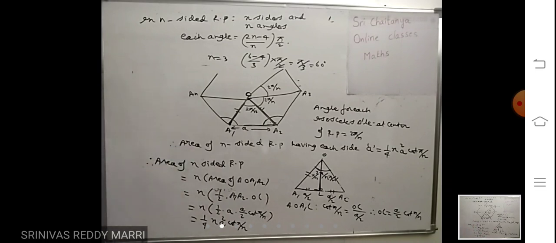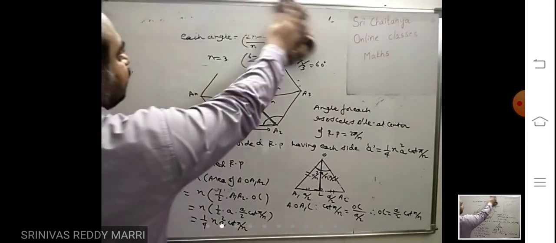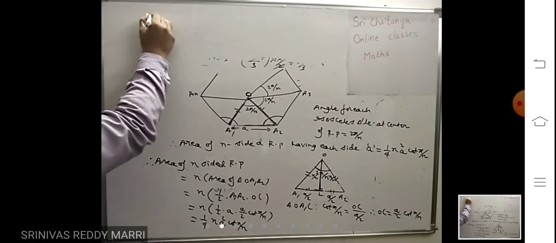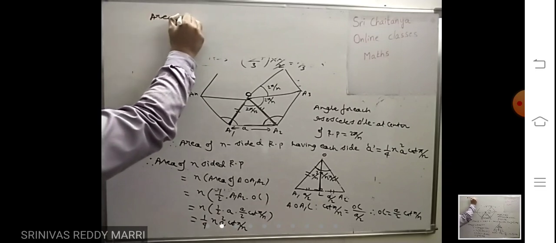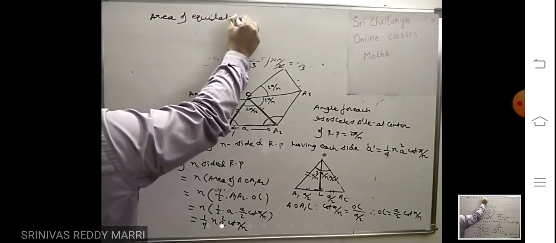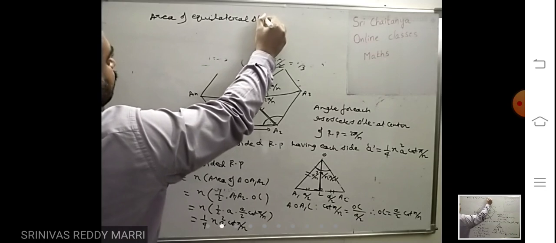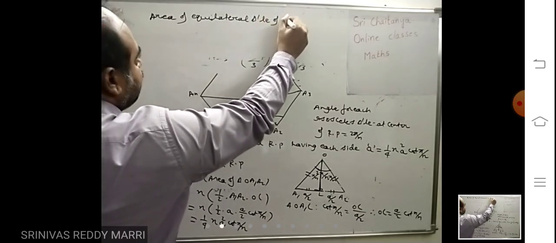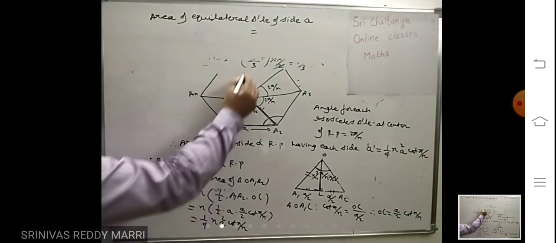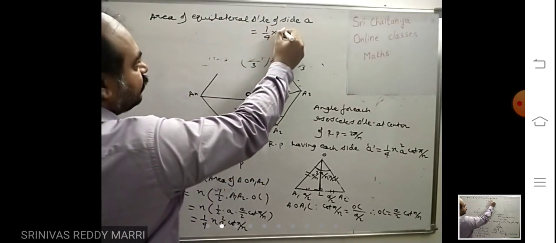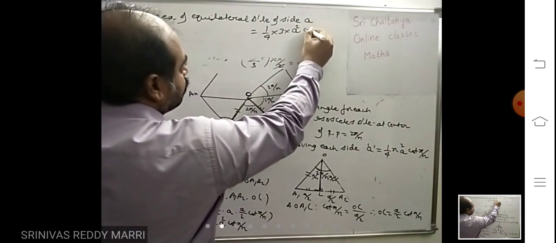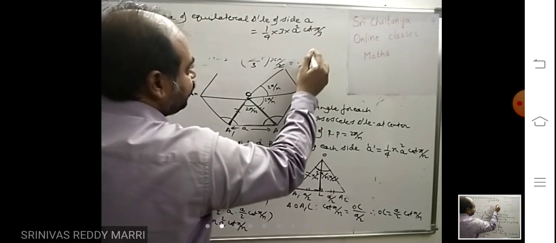Suppose you take an equilateral triangle. Let's say the area of an equilateral triangle of side A is equal to, here n equal to 3, how many sides will be there? 1 by 4 into 3 into A square into cot pi by 3.